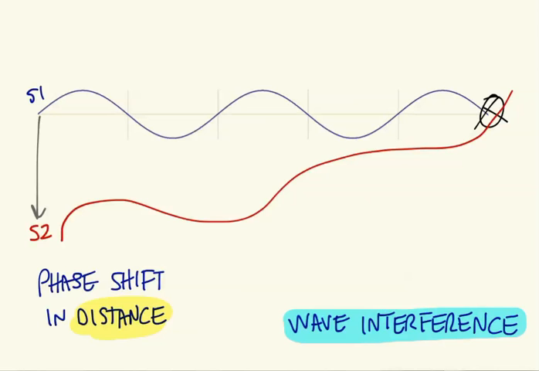But you'll notice that these two waves do not travel the same distance to get to the observer. If I were to kind of mark this off as a circle here, you could kind of see that speaker 2 or source 2 is this much further away. And that much further away is a D, a path length difference.